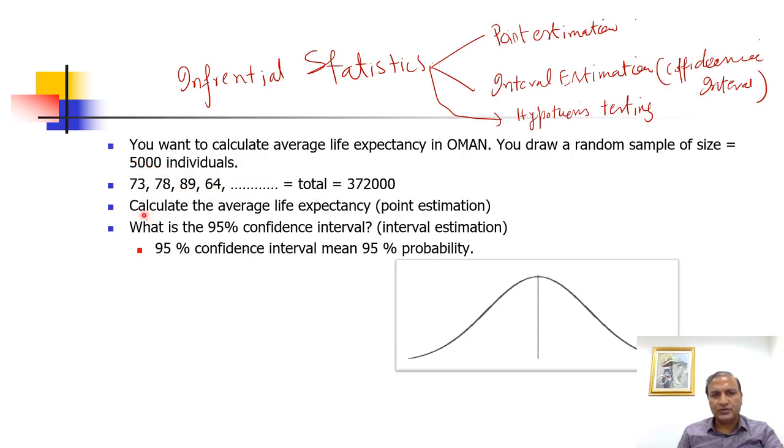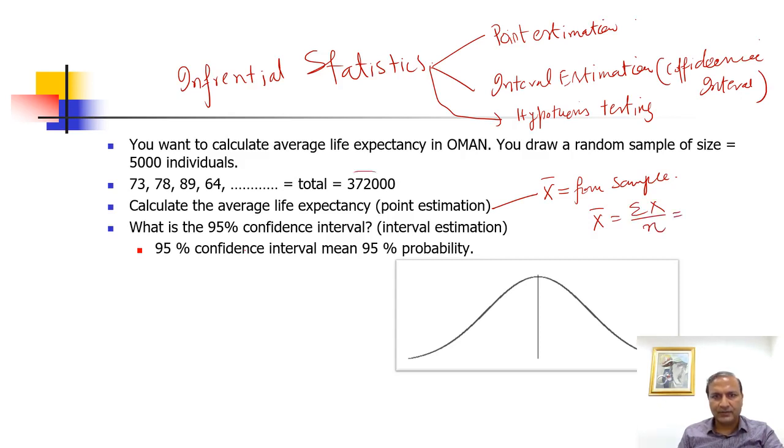And what is your question? You have to calculate the life expectancy, and on the basis of the sample, you can just calculate the mean of the sample. Remember, the mean of the sample is the point estimate of the population. So for point estimation, you have to find x bar from the sample. How do you find it? x bar is equal to the sum of x divided by n.